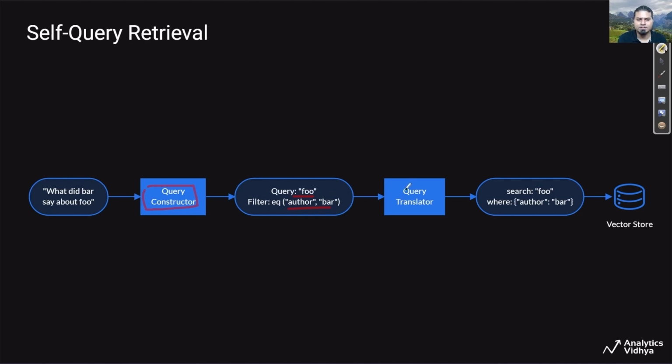And then this is sent into a query translator, which will translate this into a more appropriate query for the vector database, which includes the actual full text search based on embedding-based similarity, and the other part will be more of a metadata filtering or filtering based on structured fields for each of those documents which are already present in the vector database. So self-query retrieval means querying itself to figure out what is the actual question and which part of the question is going to be used for filtering relevant attributes for those documents.